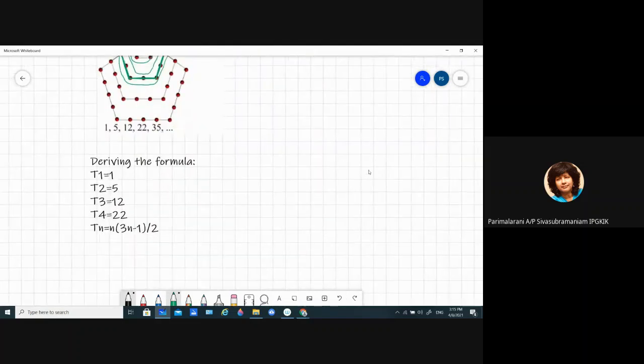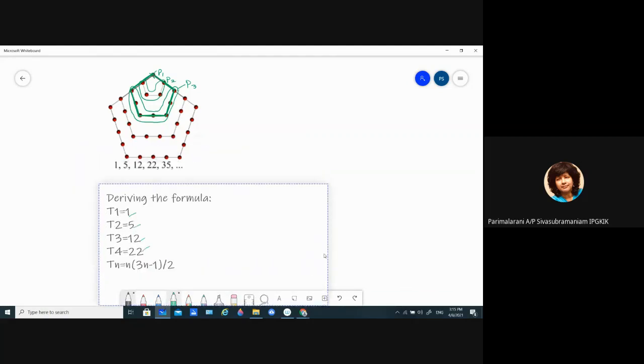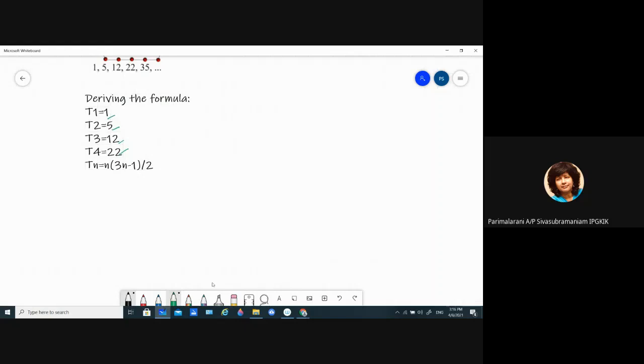Okay, how do we derive the formula? We know that term 1 is 1, term 2 is 5, term 3 is 12, term 4 is 22, and so term n will be n times (3n minus 1) over 2. This is term n for pentagonal numbers.